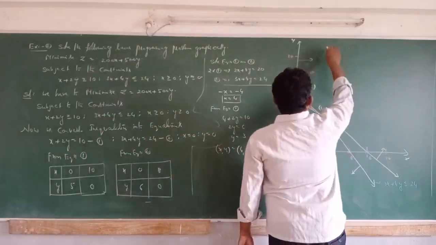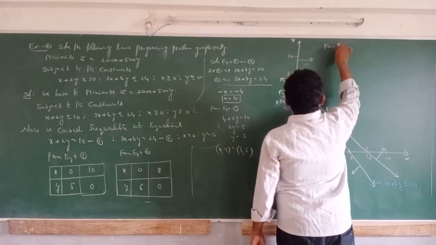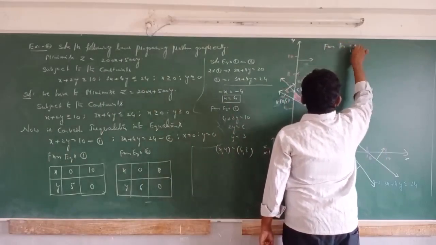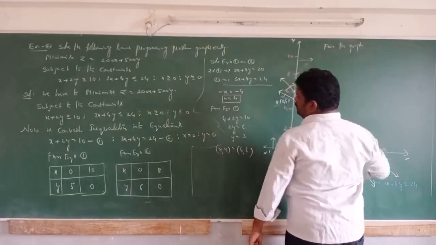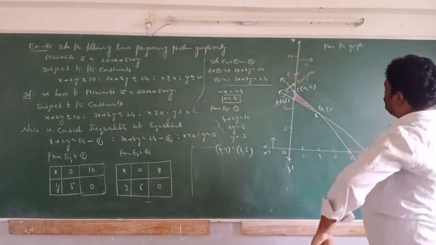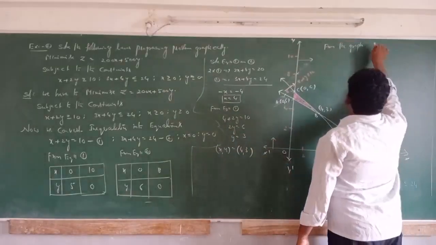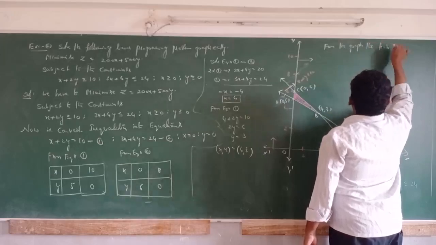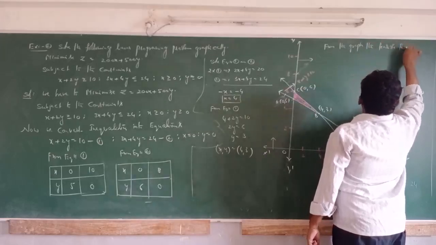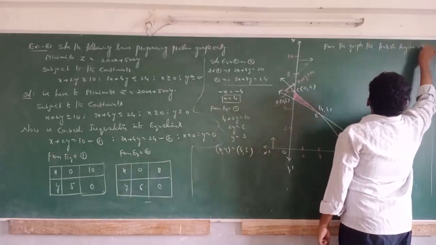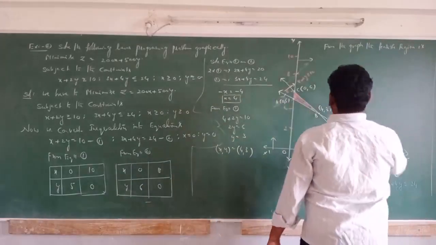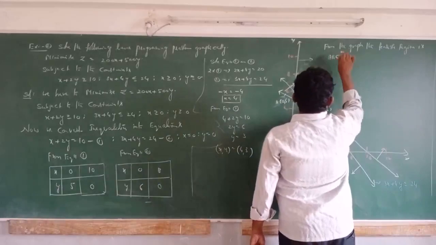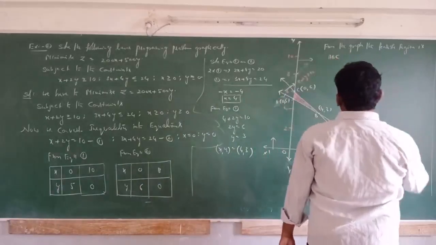Then what will we get from the graph? From the graph, the feasible region is ABC, and it is bounded.